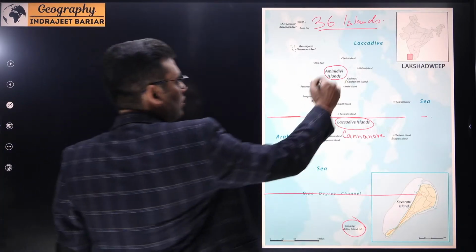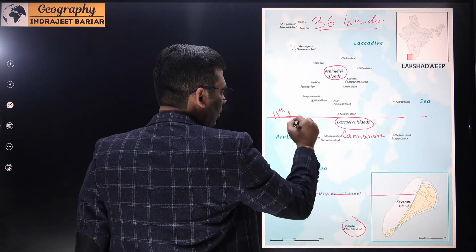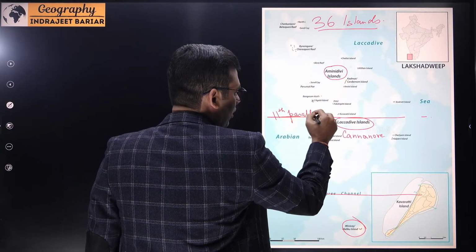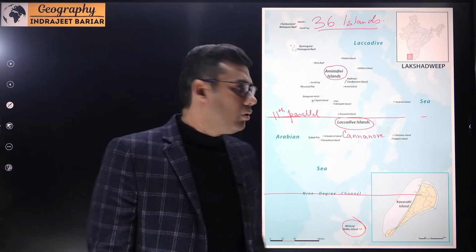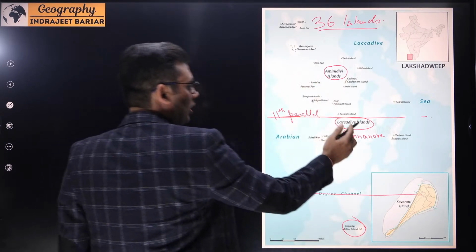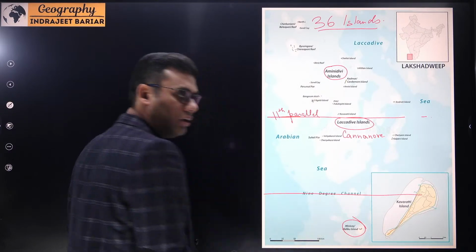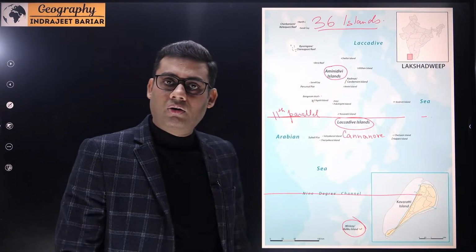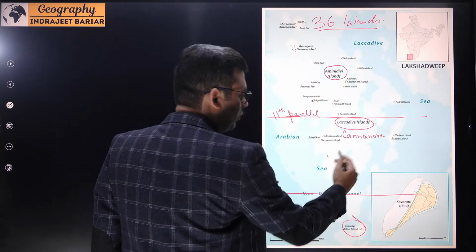These three groups are separated by the 11th parallel, the 11th degree north latitude, which separates Amindivi from the Lakshadweep Islands or Cannanore Islands. And then I have the 9-degree channel, or 9th parallel, which is the 9-degree north latitude, separating Minicoy Island from the rest.